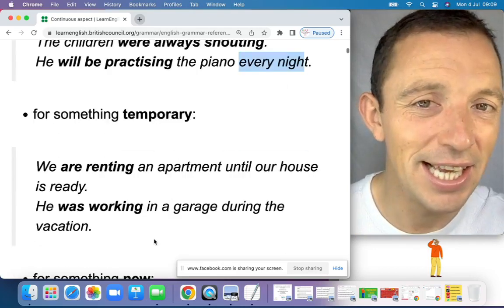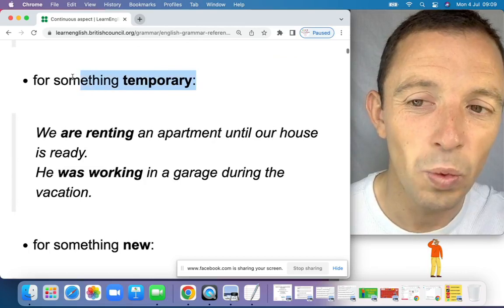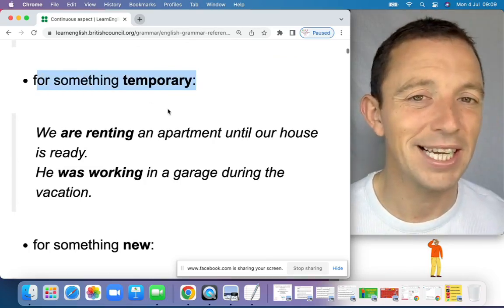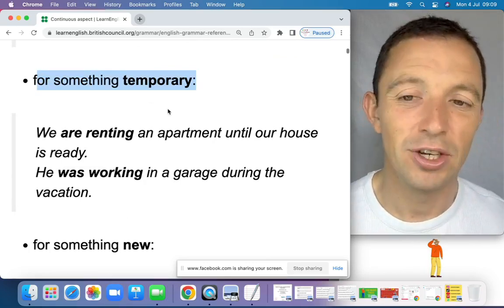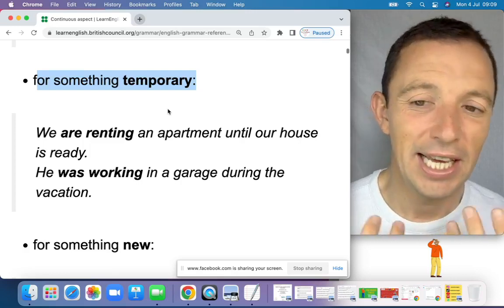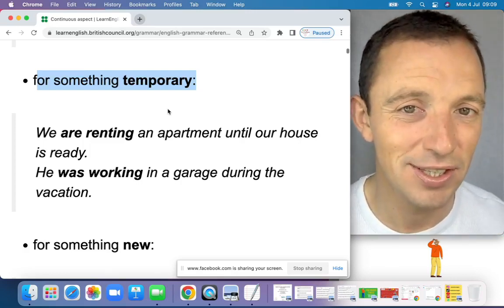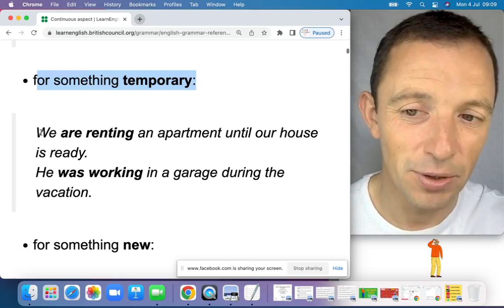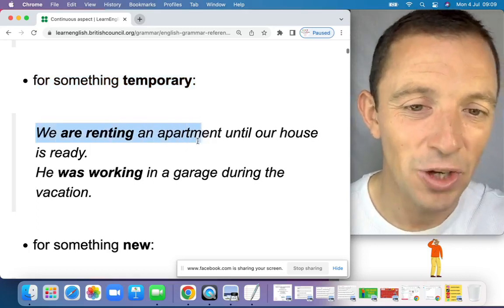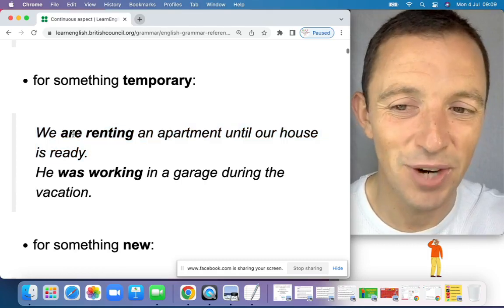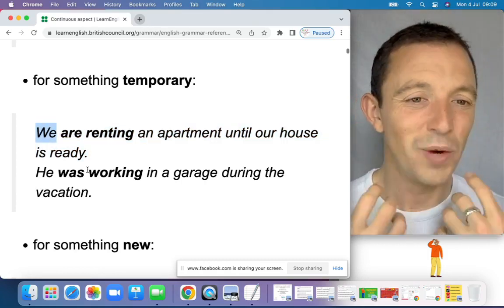The next perspective is we use the continuous for something temporary. So if something is temporary, it's typical to use the continuous tenses. So for example, we are renting an apartment until our house is ready. The subject is we.